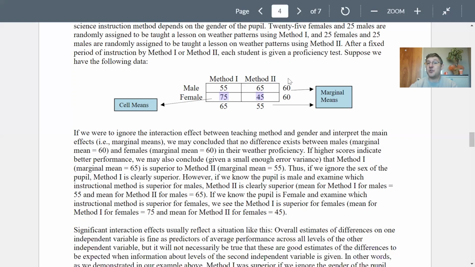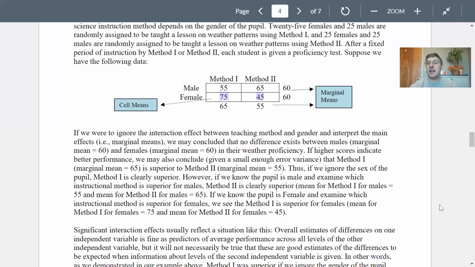The marginal means or the main effects may be a good explanation of what's going on overall, but don't tell you what's happening across levels of the other independent variable. It looks like method 1 is superior overall, but if we look at the effect just for males, it looks like method 2 is superior for male students and method 1 is superior for female students.